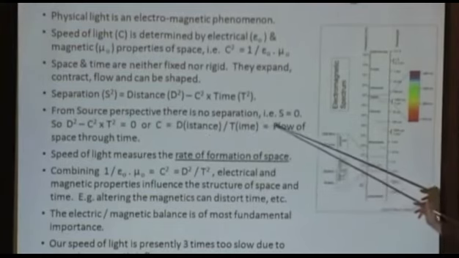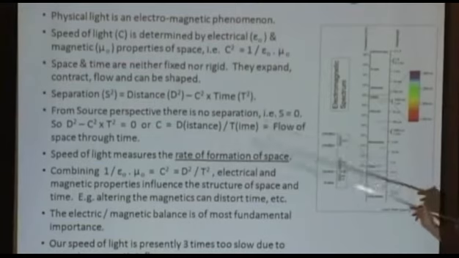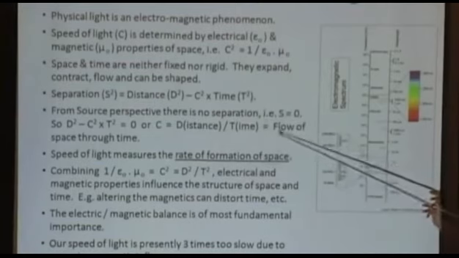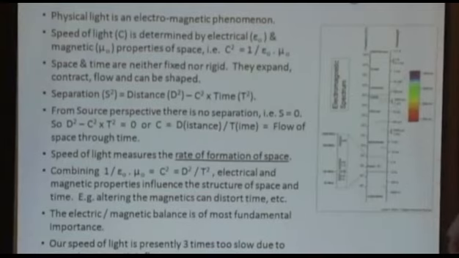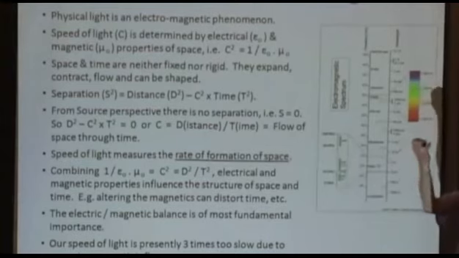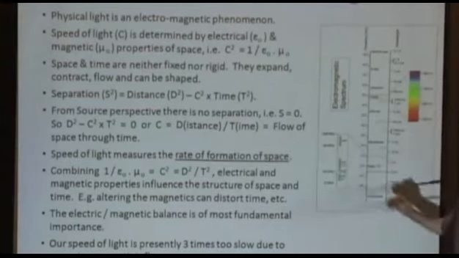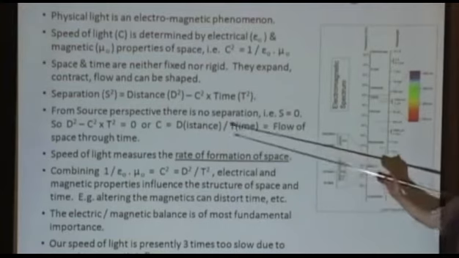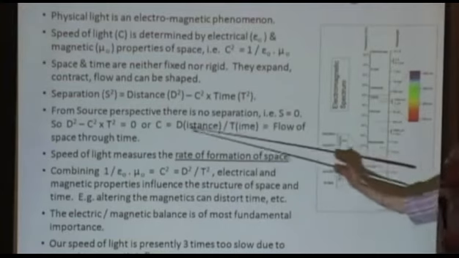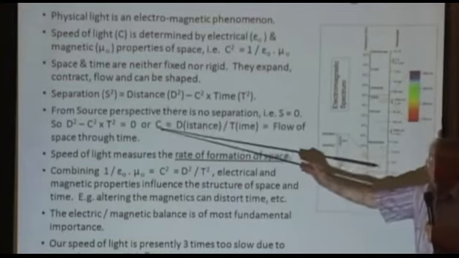Now, again, from the source perspective, we see distance as space expanding out from source, and this is occurring in time. The proportion between them is given by the speed of light.